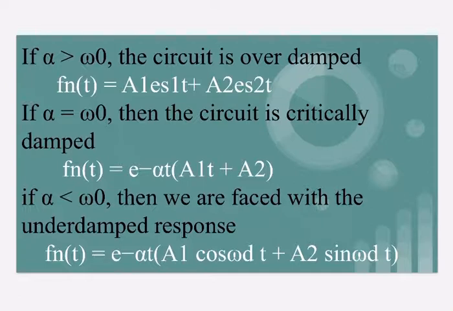If alpha is equal to omega naught, then the circuit is critically damped, and the equation is Fn of t equal to e to the power minus alpha t into a1 t plus a2. Finally, if alpha is less than omega naught, then the response is underdamped, and the equation is Fn of t equal to e to the power minus alpha t into a1 cos omega d t plus a2 sin omega d t.